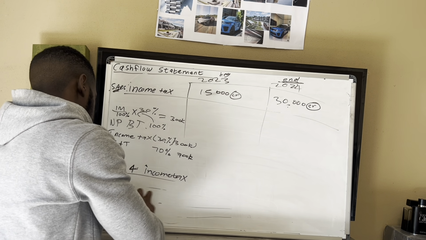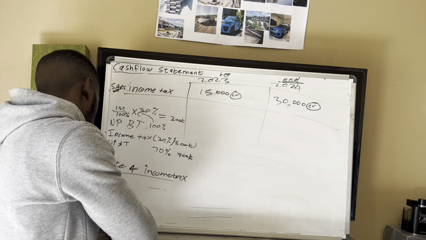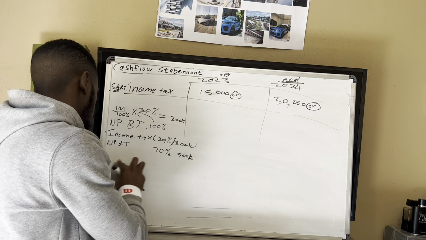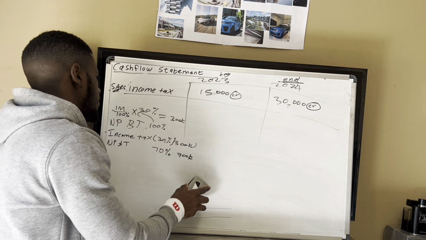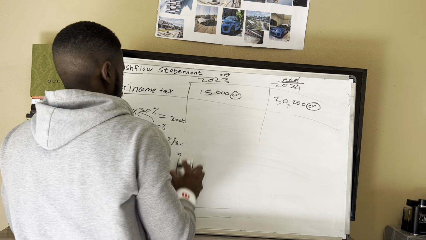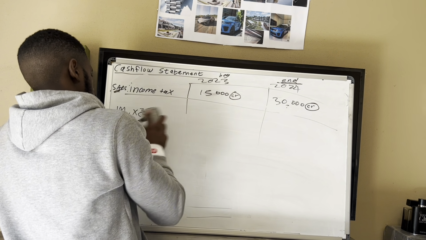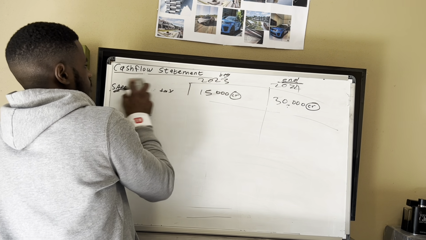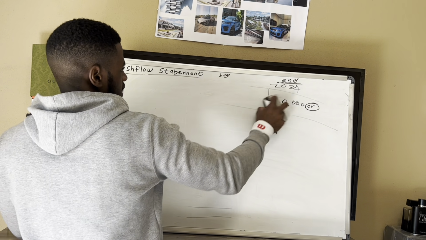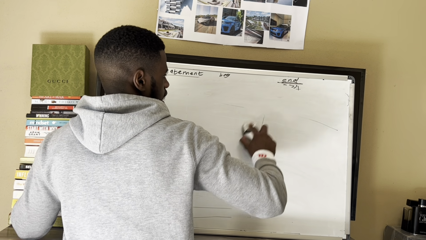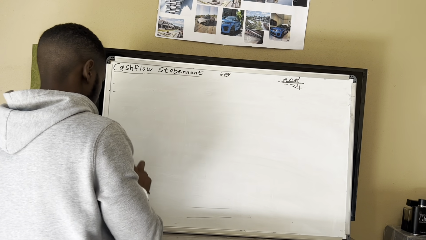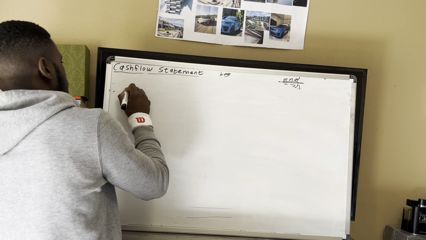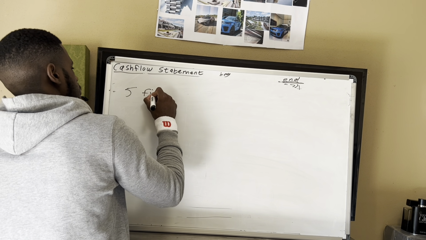Okay. Then now we have our fifth note, which is fixed assets purchased. For note number 5, our fixed assets purchased, I want us to know there's a method called the 5 fingers method.